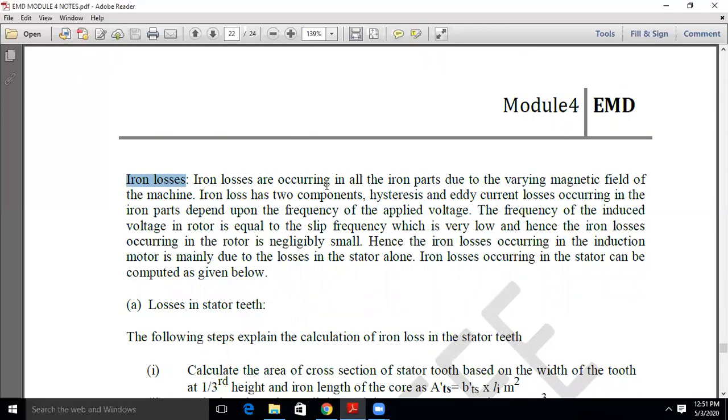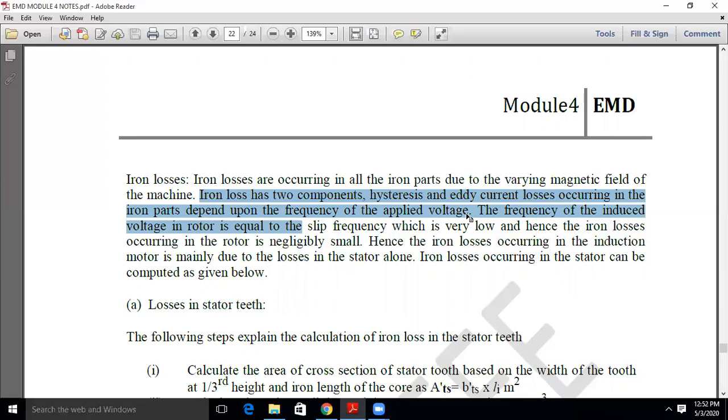Iron losses occur in all the iron parts due to the varying magnetic field of the machine. Iron loss has two components: hysteresis and eddy current. The losses occurring in the iron parts depend upon the frequency of the applied voltage. The frequency of induced voltage in the rotor is equal to the slip frequency, which is very low, and hence the iron losses in the rotor are negligibly small.